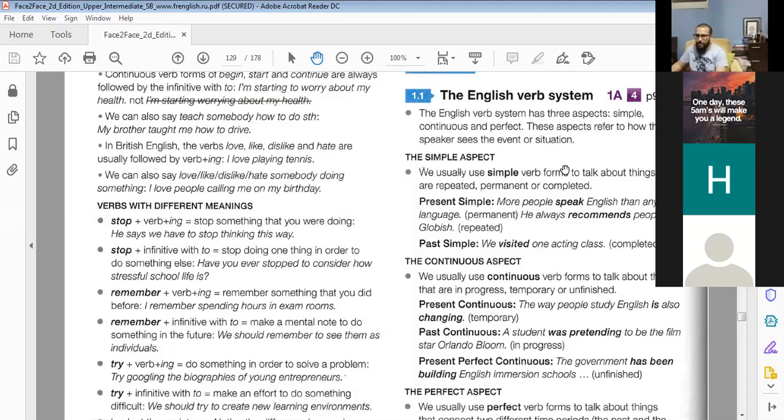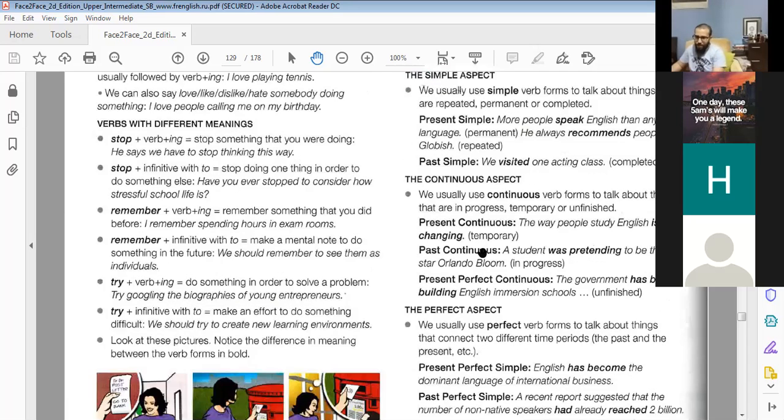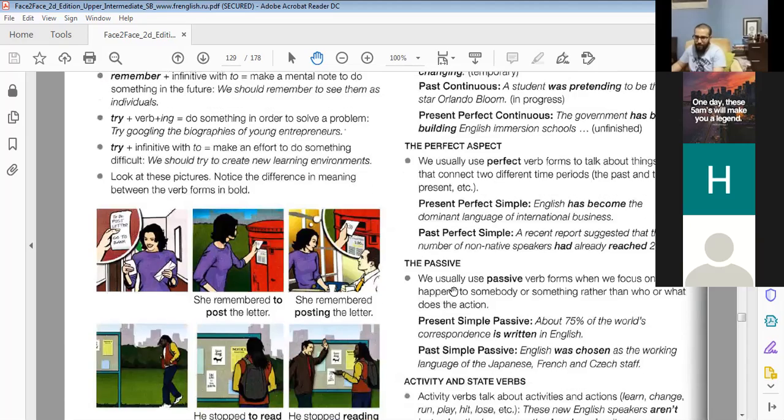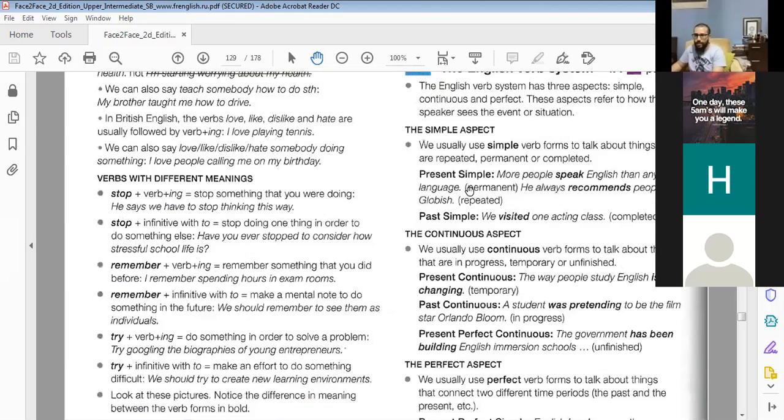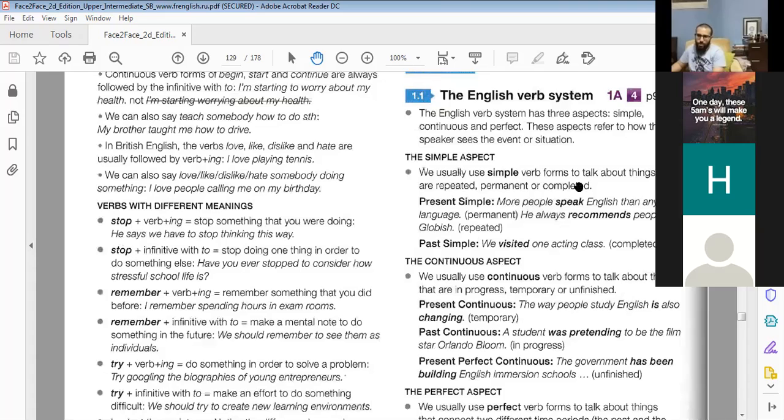They divided it into the simple, the continuous, the perfect, and the passive. After that, you have the division of activity and state verbs. The simple aspect, whether present simple or past simple, is usually for things which are repeated, permanent or completed.